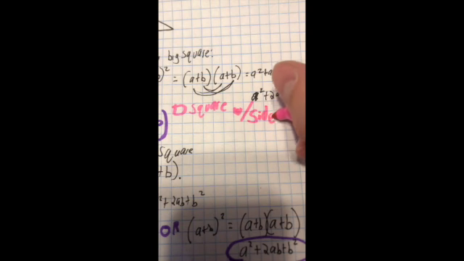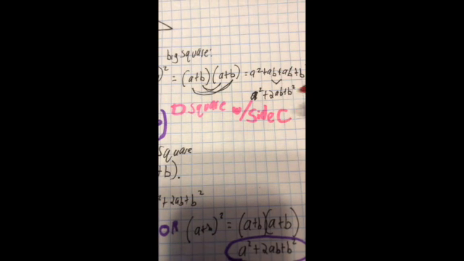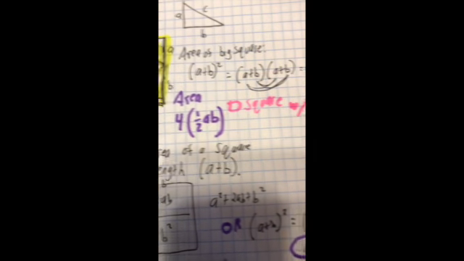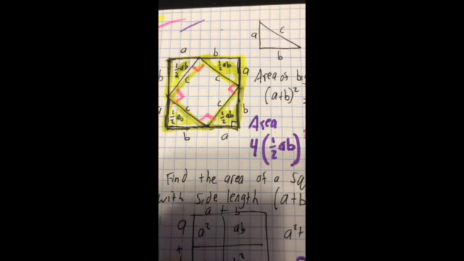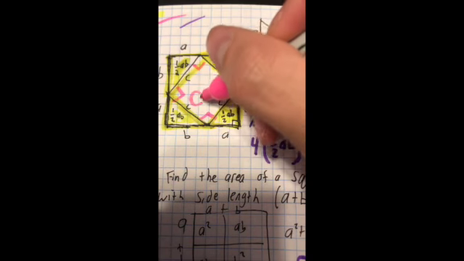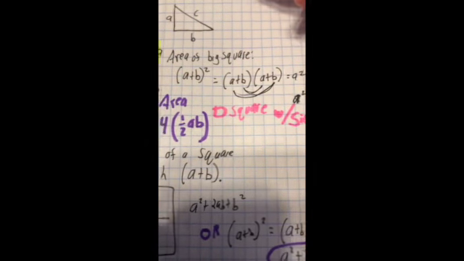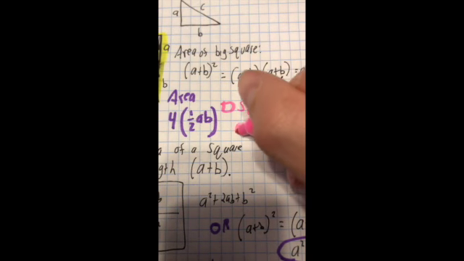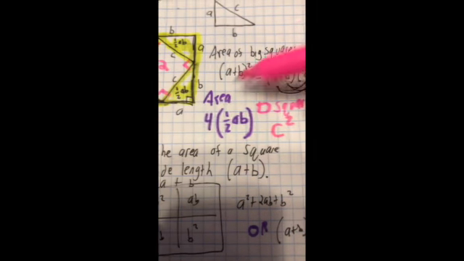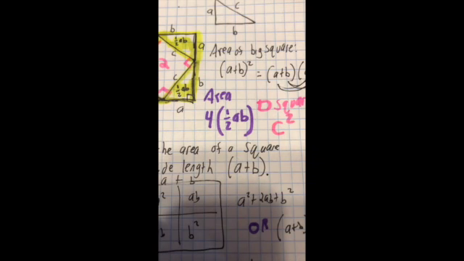With side C, the area of that square is going to be C squared. So now the area of the whole thing is going to be 4 1/2 ABs and a C squared.